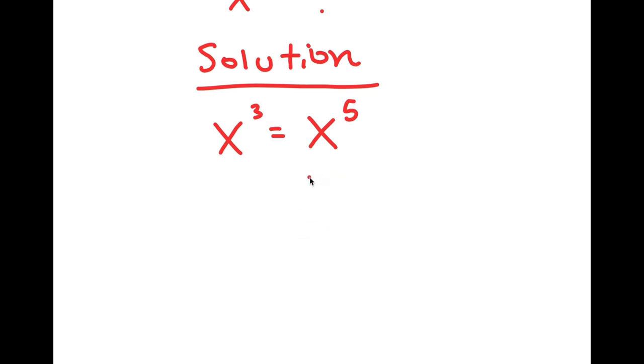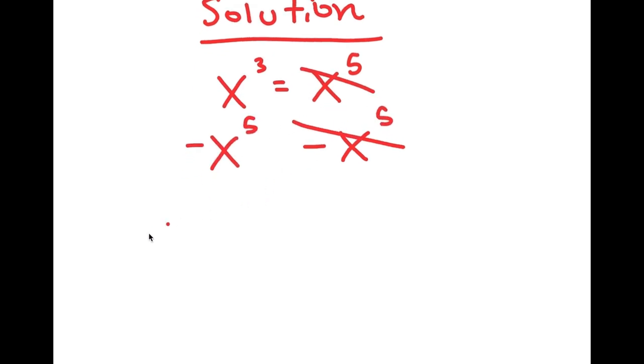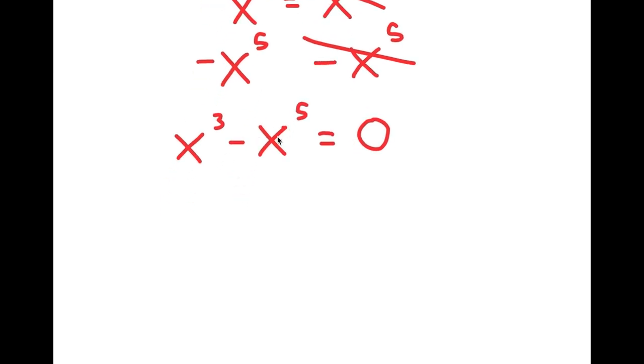And what I'm first going to do is subtract x to the power of 5 on both sides. So these two cancel out, and I get x to the power of 3 minus x to the power of 5 is equal to 0. Now, from here, x to the power of 5 is the same thing as x to the power of 3 plus 2.